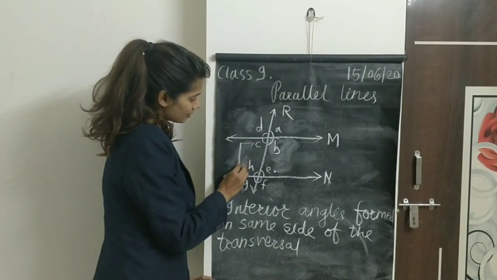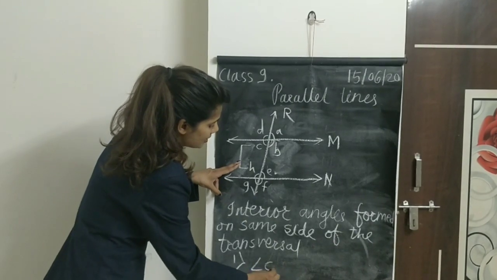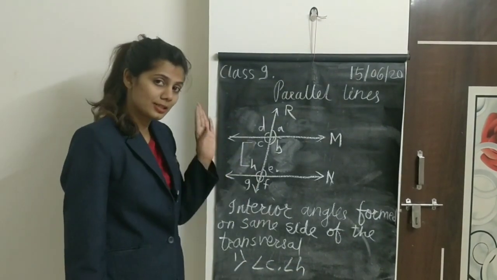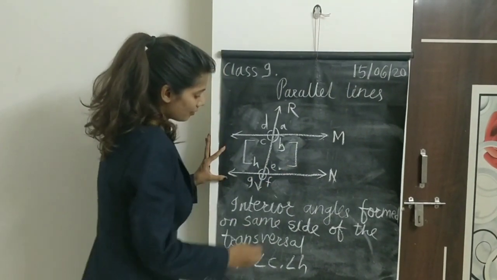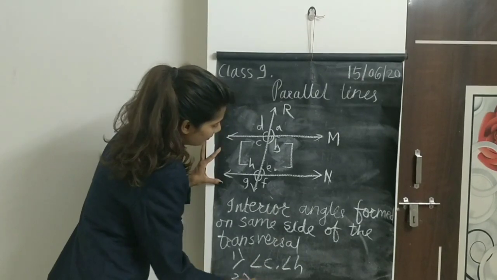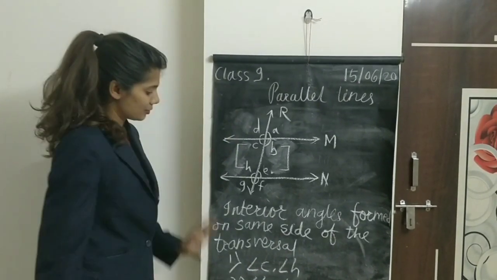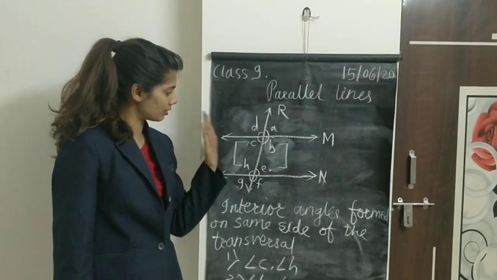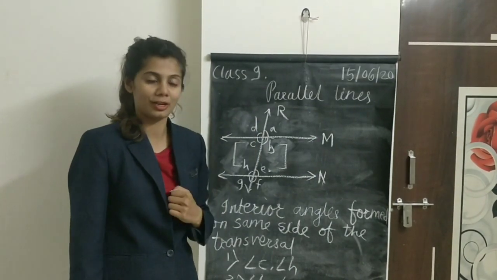So I get one pair, angle C and angle H, formed on the same side of the transversal, and the second pair is angle B and angle E. So these are the two pairs of angles formed on the same side, either on the left hand side or on the right hand side.